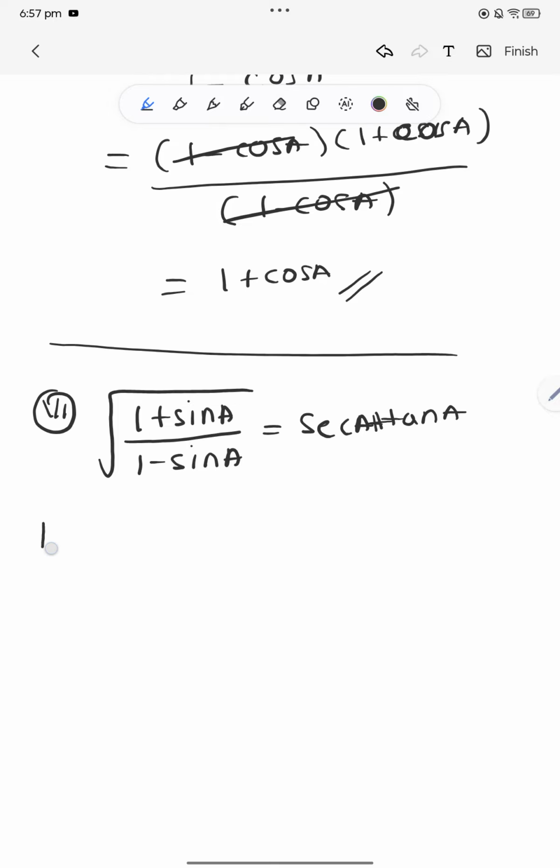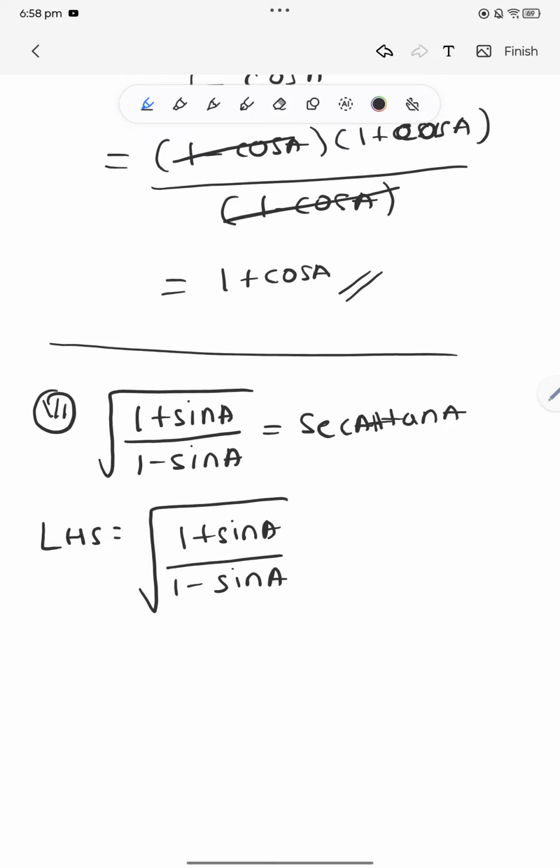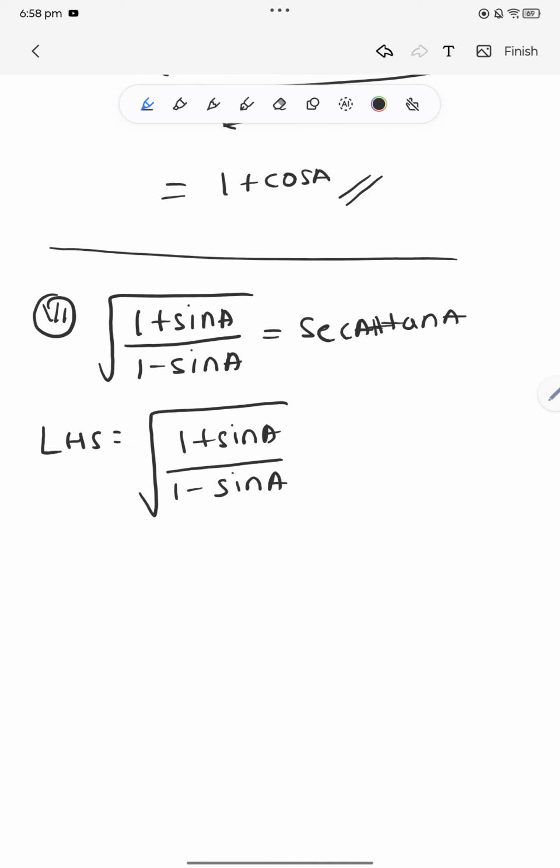First take the LHS. LHS is equal to the square root of (1 plus sin A) divided by (1 minus sin A). To rationalize, take the denominator and change the sign: multiply by (1 plus sin A) divided by (1 plus sin A).